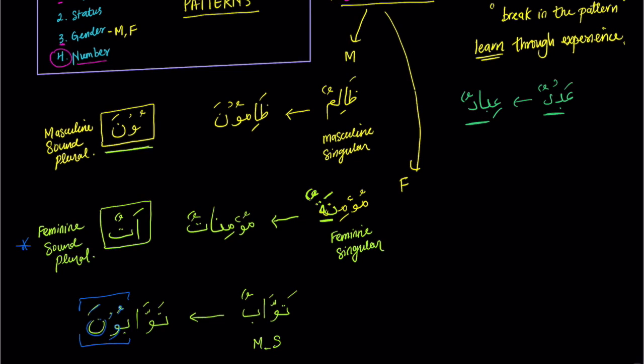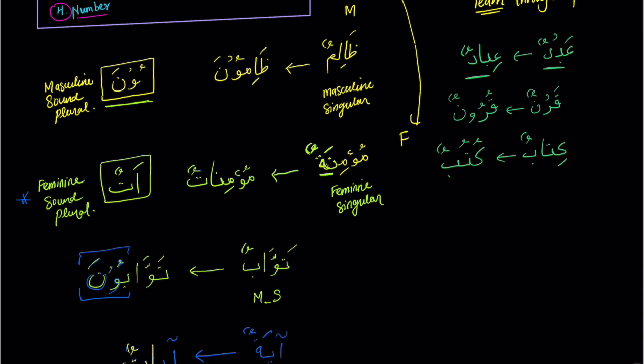Another example is qarnun. The plural is qurunun. Kitabun. The plural is kutubun. Okay, so see there's not really a pattern here to be learned.